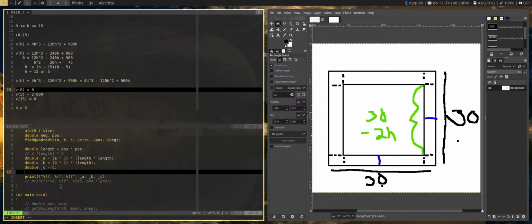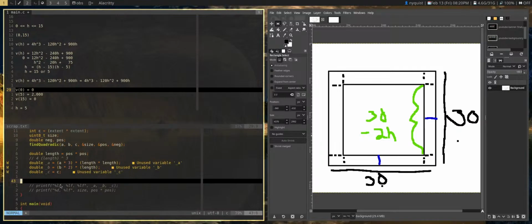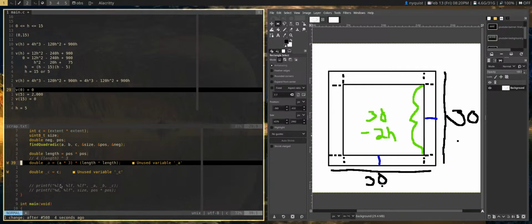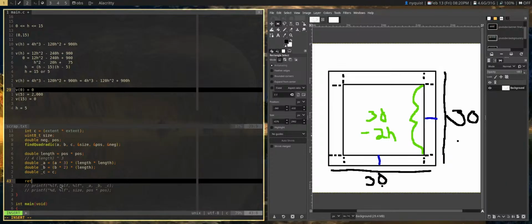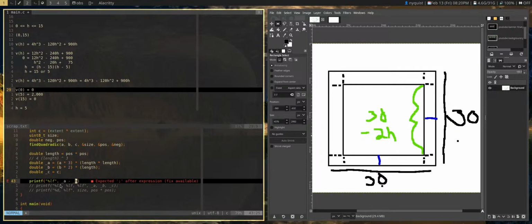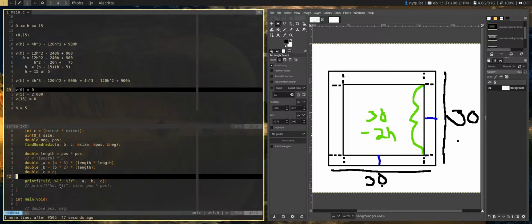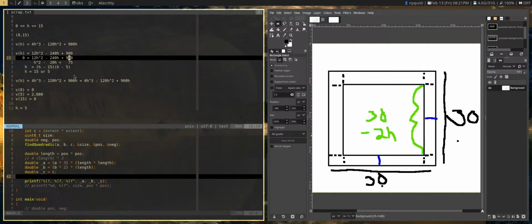So we know. So now we need to solve. We can do return, or let's just printf A minus B. Getting A, B, and C here, but then how do we know?